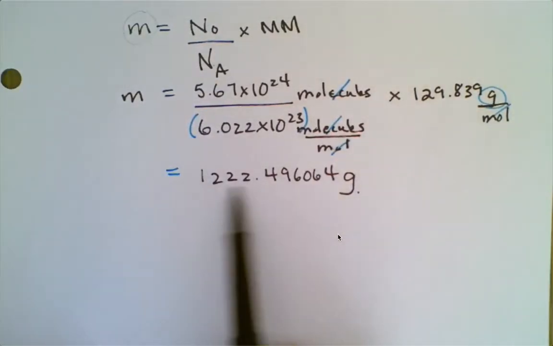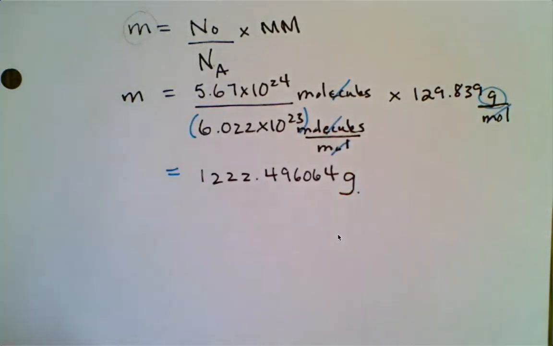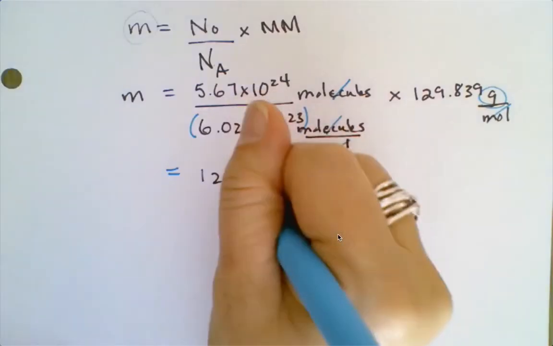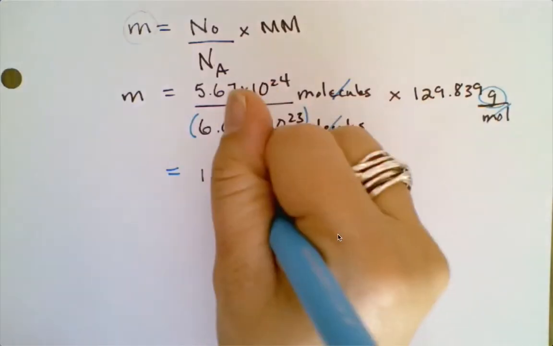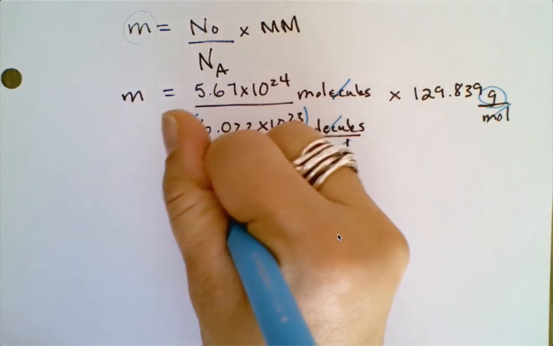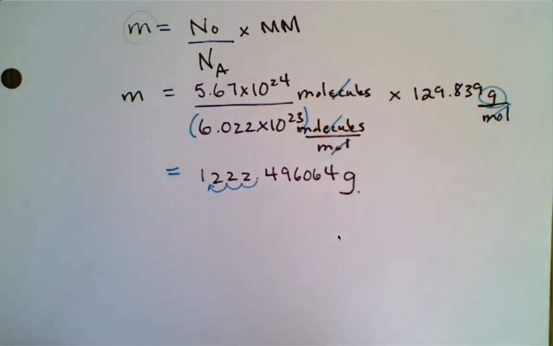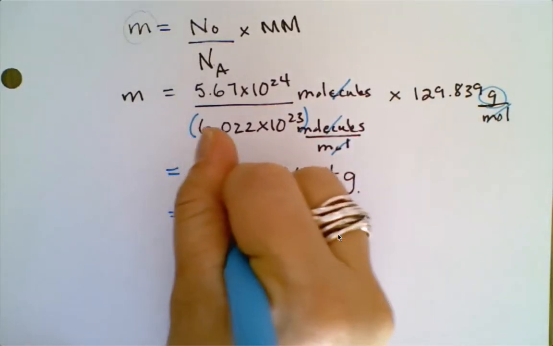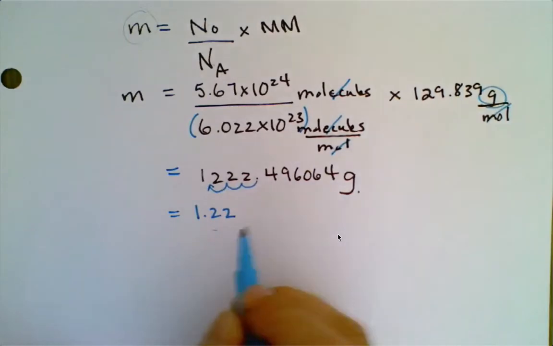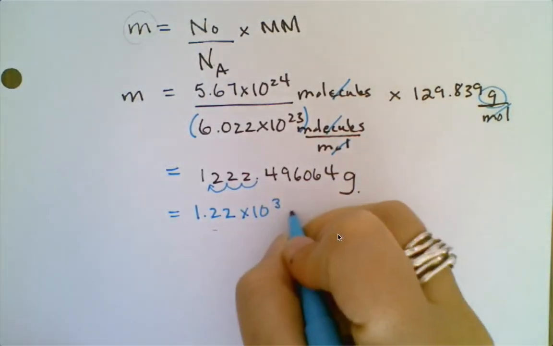The way to get around that is to put your final answer into scientific notation. So I move my decimal place in between my first 2 digits, 1, 2, 3. Because I moved my decimal place 3 spots to the left, we would report this as 1.22, there's my 3 significant digits, times 10 to the 3 grams.